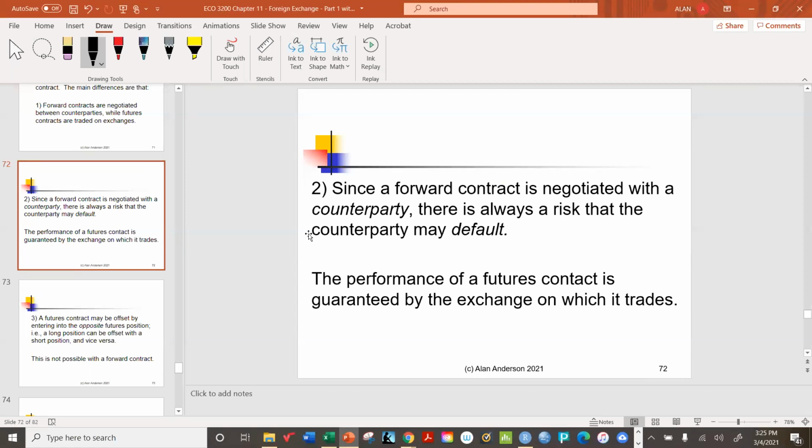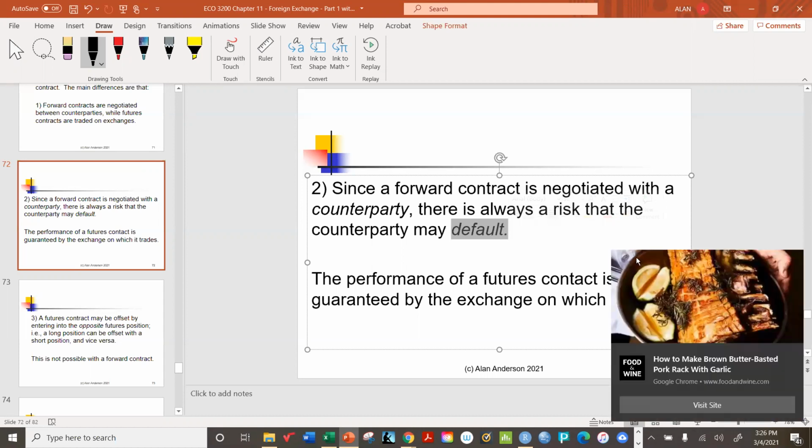So there's always some risk here that the other side of the contract either will disappear or else they will simply not have enough money to live up to their obligations. So there's always what we call default risk. Default means you do not live up to the terms of a loan or other contract.